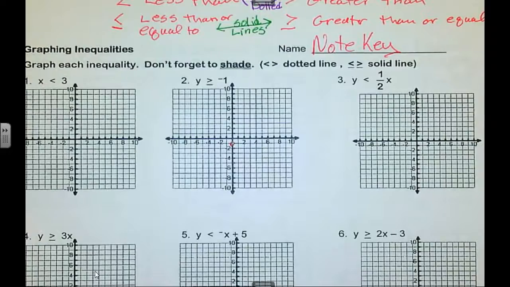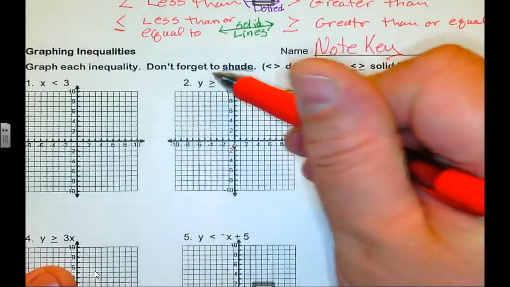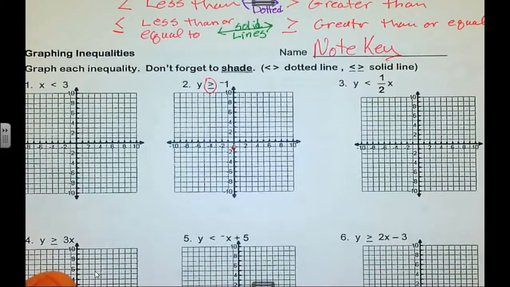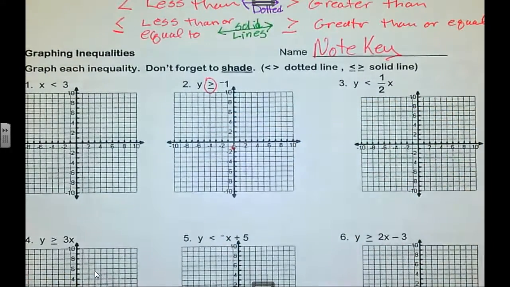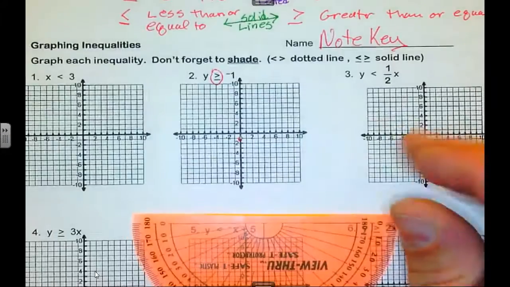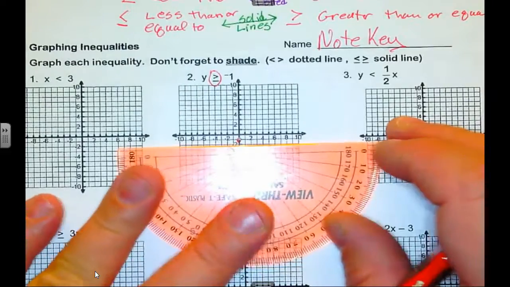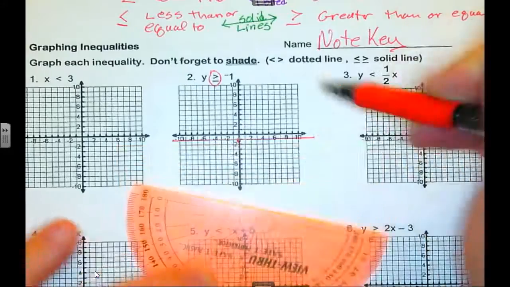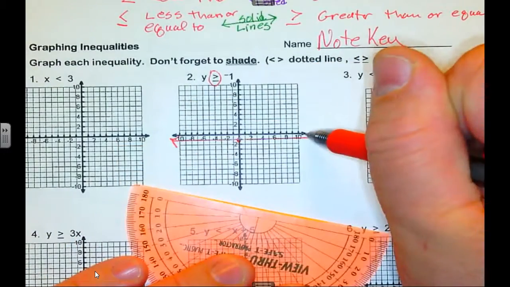Now, before I put the line there, do I have a solid line or a dotted line? Solid, because it has an equal sign. So I have a solid line, and I'm going to use a straight edge. Solid line at y equals -1.